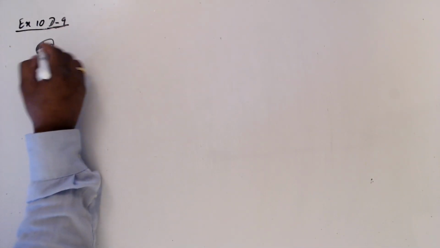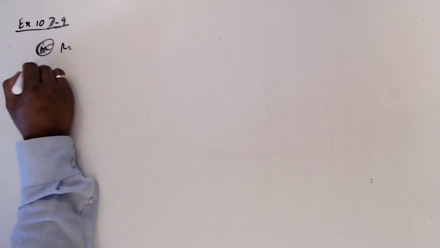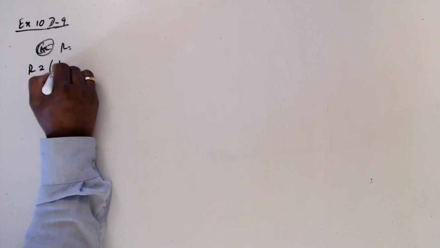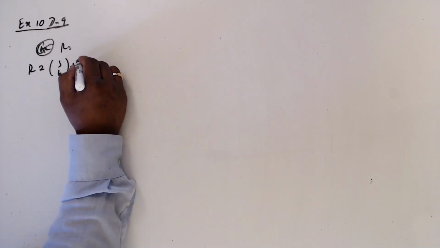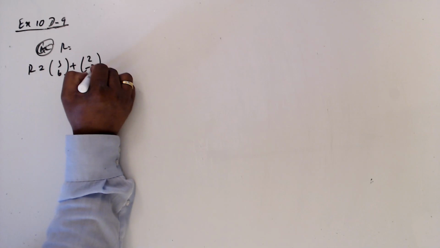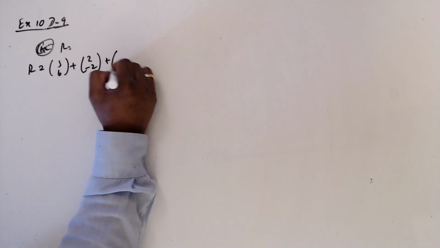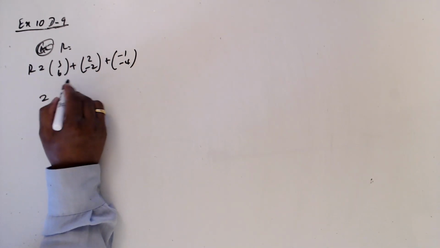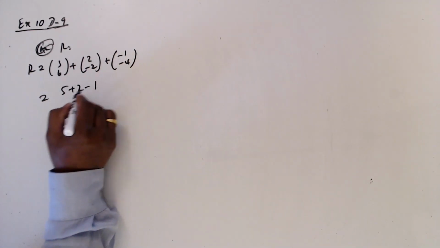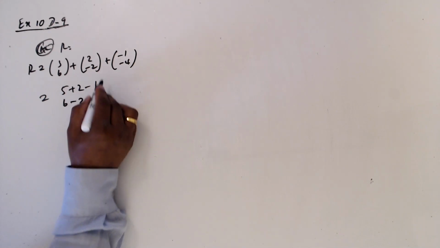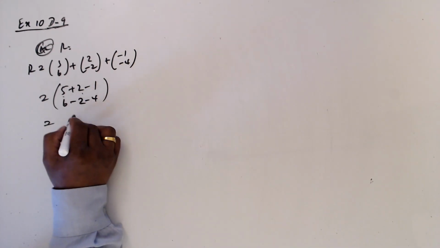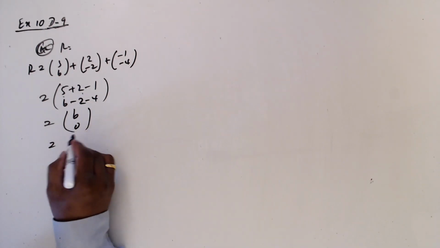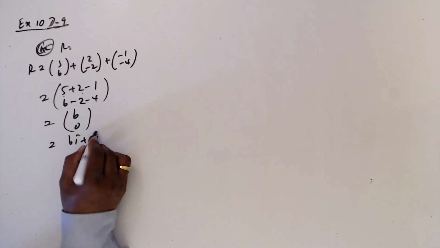So R is given by adding the forces: 5 plus 2 minus 1, which is 6, and 6 minus 2 minus 4, which is 0. So this is 6i plus 0j.